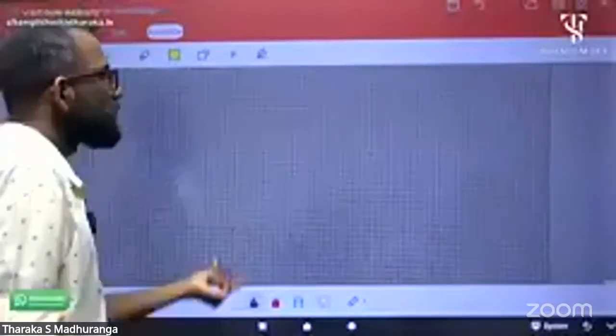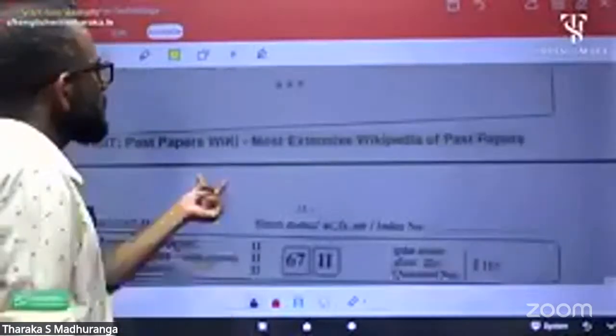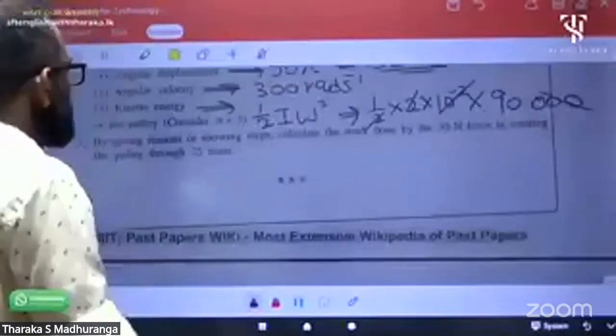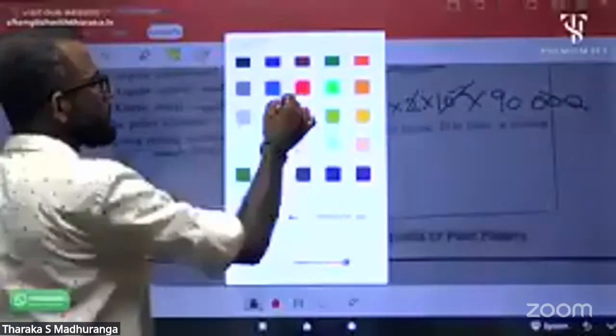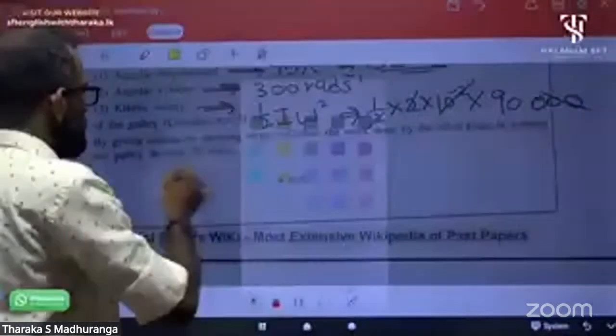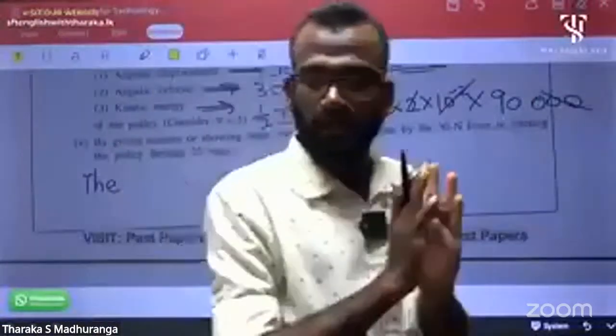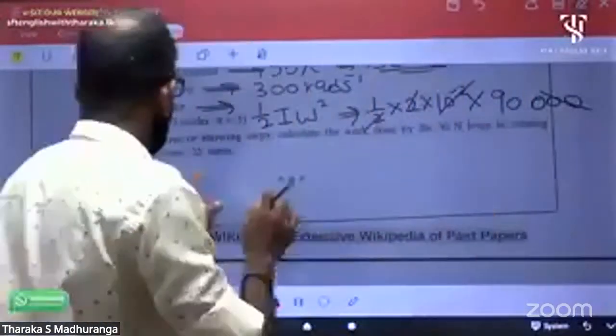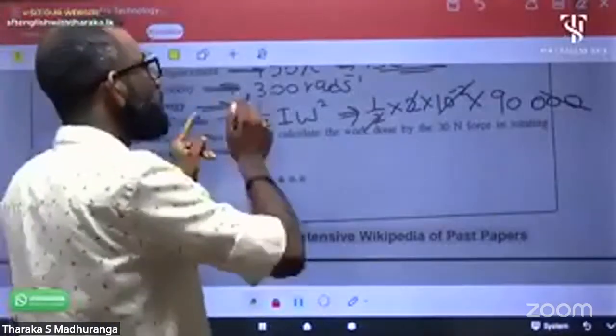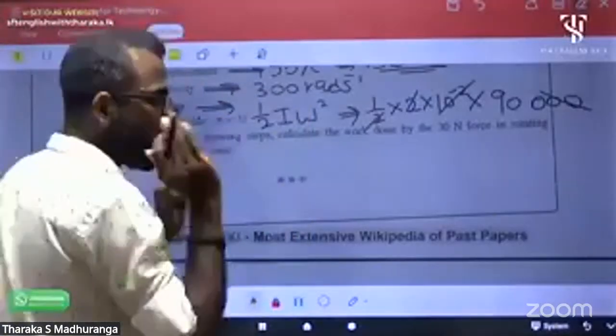Therefore, the work done by the pulley, you have to mention the reason clearly. By giving reasons or showing steps clearly, that's very important.